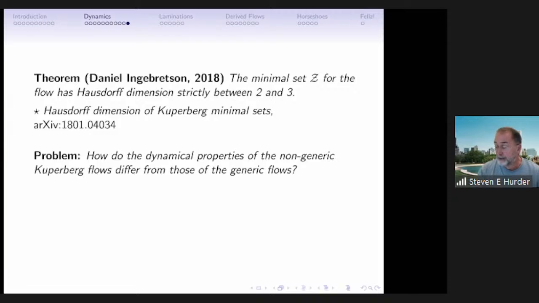I mean, it probably can be done, but we were already at 200 pages. So that's one of the open problems: there are a lot of aperiodic flows out there. So what else can you say about them without devoting many more years, one hopes?